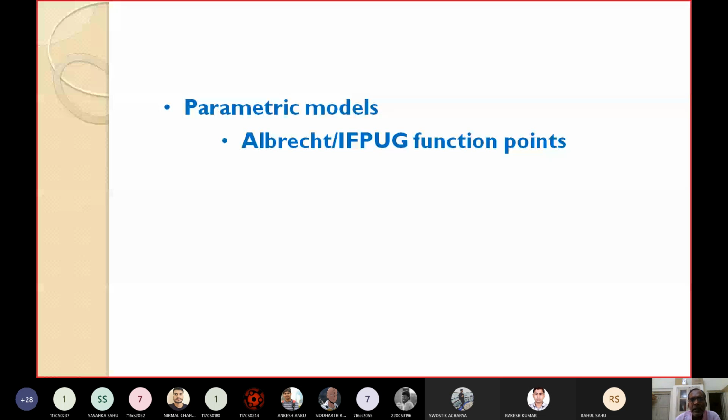There are several kinds of function points. We'll discuss first the Albrecht or IFPUG function point. Other function points like Simpson's function point, etc., we'll discuss later on. This IFPUG function point was proposed by the great scientist Albrecht. The full form of IFPUG I will say after a few minutes.